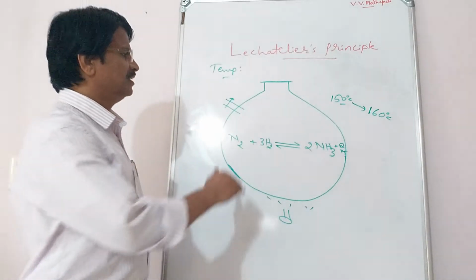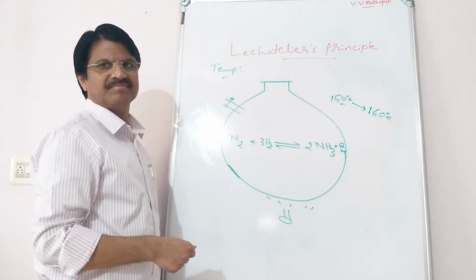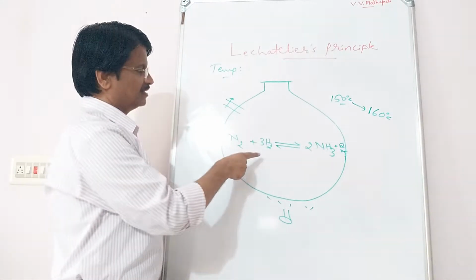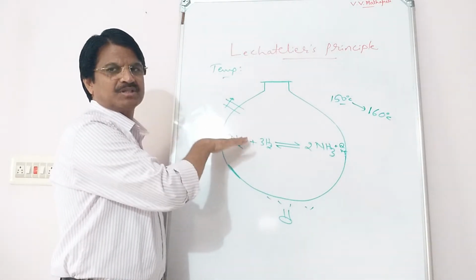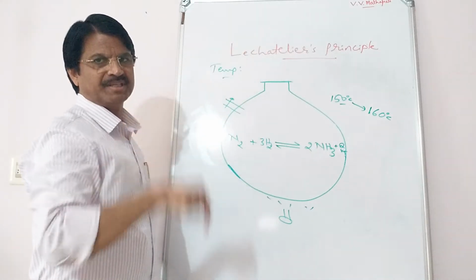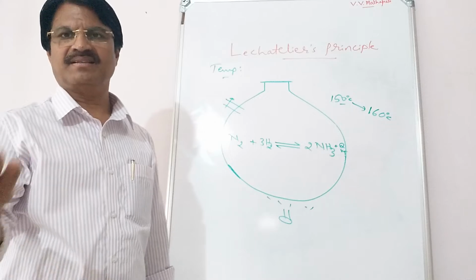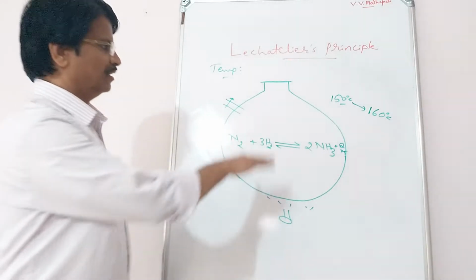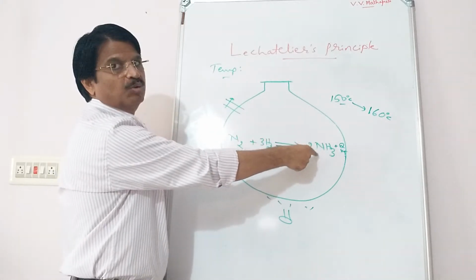Then the same question: if temperature is decreased, the yield of ammonia increases. But what about N2 and H2? N2 and H2 concentration decreases and ammonia concentration increases at low temperature, and that is studied in the Haber process. In the secondary syllabus, in the Haber process, low temperature and high pressure cause a good yield of ammonia.